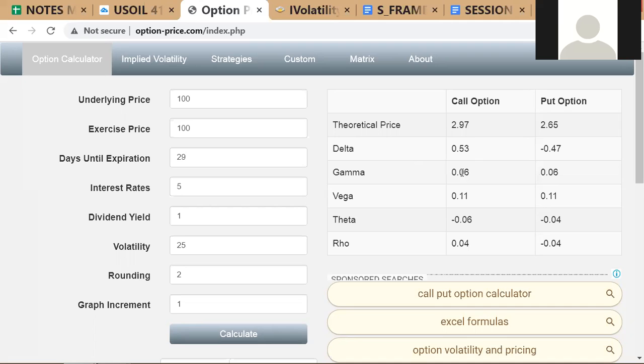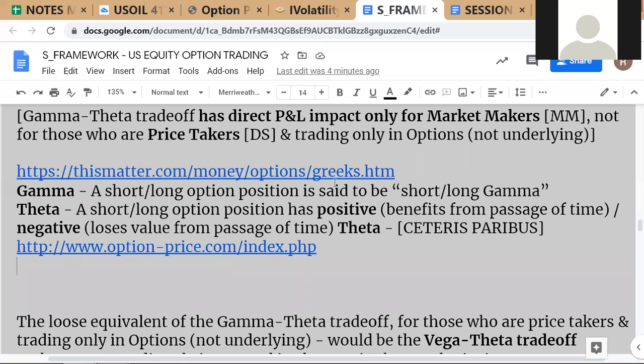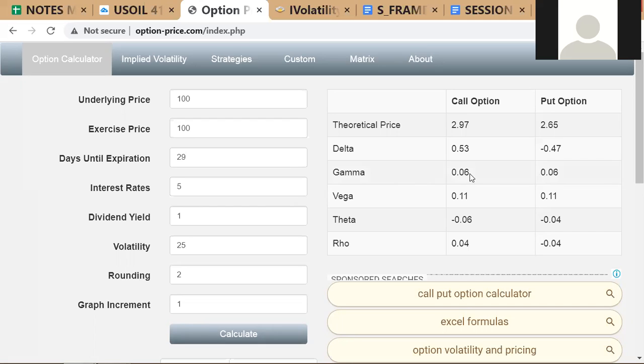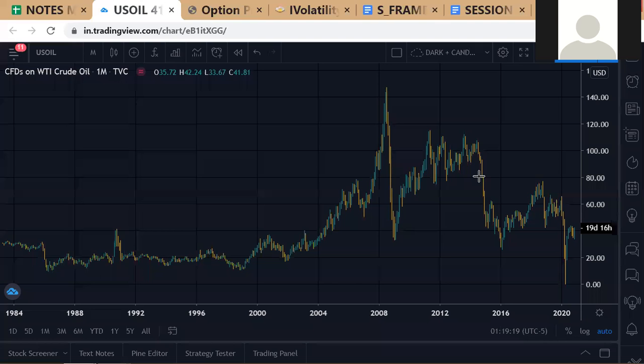So this relates to how market makers hedge and trade options. We're not going to go into that detail right now. But essentially, long gamma means if there is dramatic movement in the price, as compared to here, for instance, the long gamma position is going to make much more money for the person who's holding the long option position.